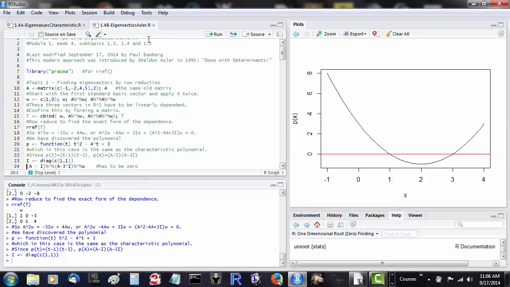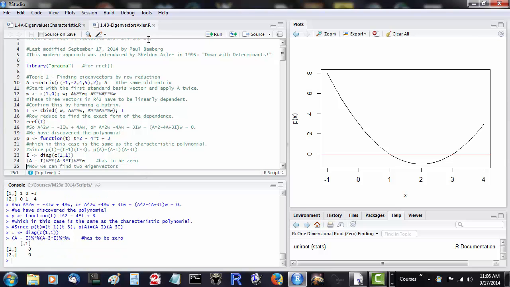I argue that if I start with the vector W, hit it first with A minus 3I, and then hit it with A minus I, I'm going to get 0.